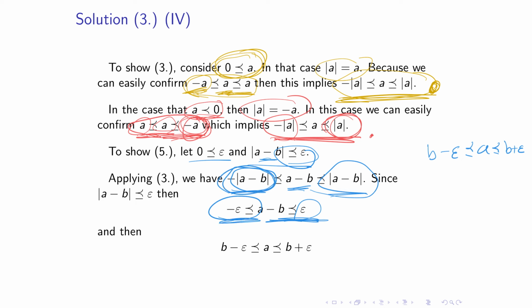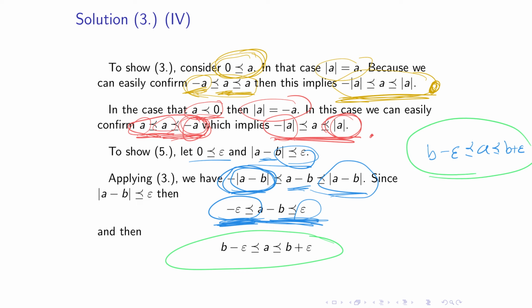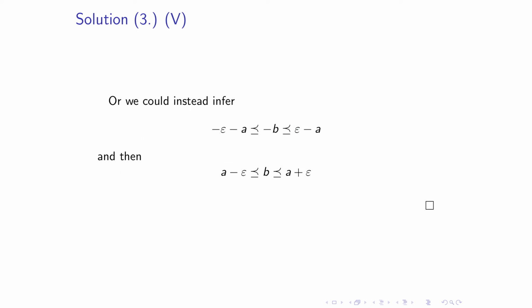So we get something smaller than negative absolute A minus B. But in any case, it's not too hard to justify these inequalities based on everything that's given so far. And at that point, you can just add B to everything and you get the desired result. We also wanted to show that you could get this.